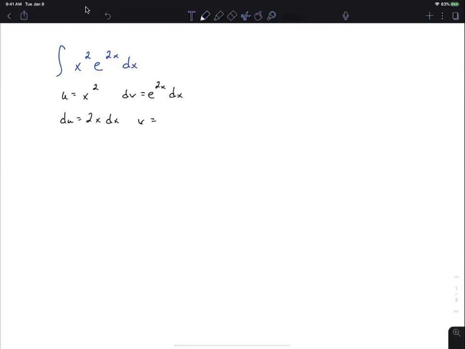And v is the antiderivative of e to the 2x dx. So it's 1/2 e to the 2x. So the integration by parts formula is that we get uv. So that's 1/2 x squared e to the 2x minus v du.